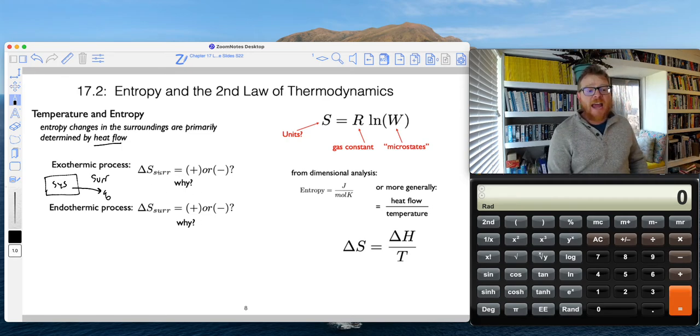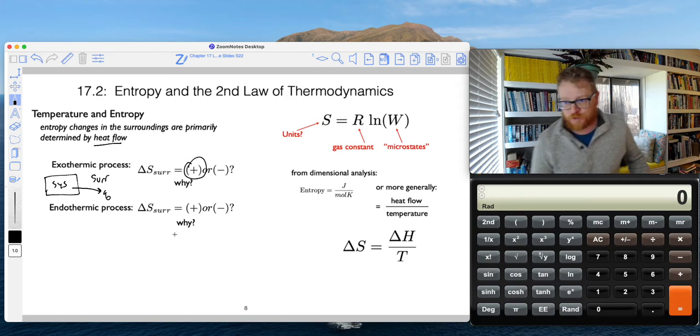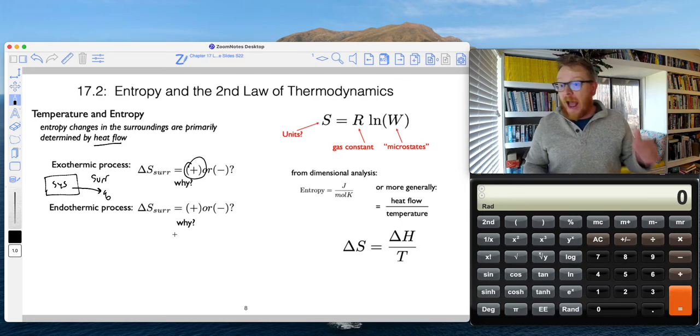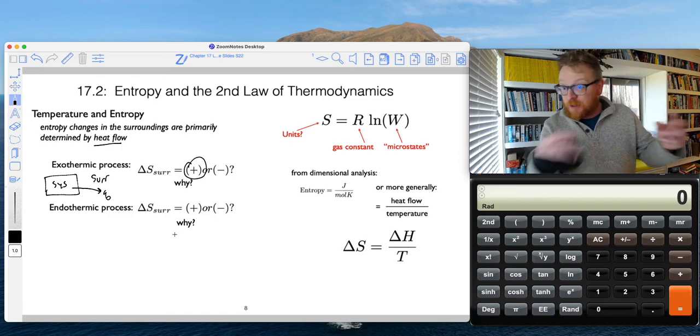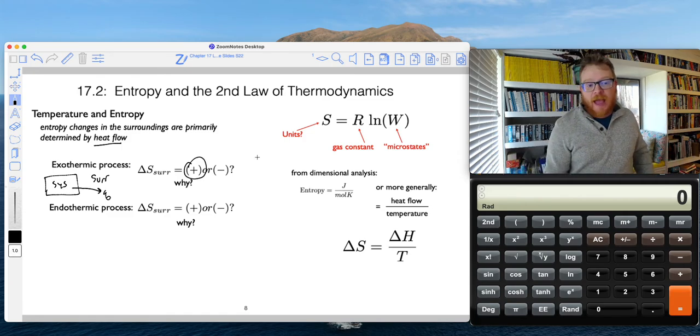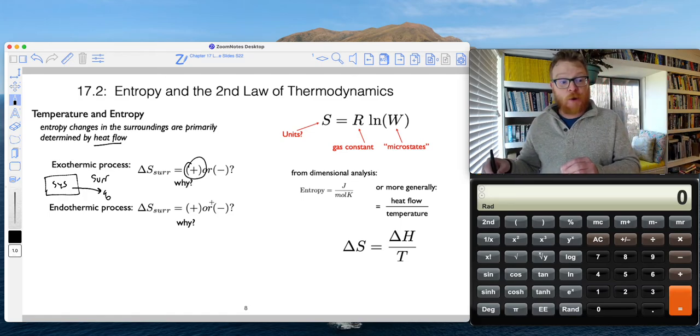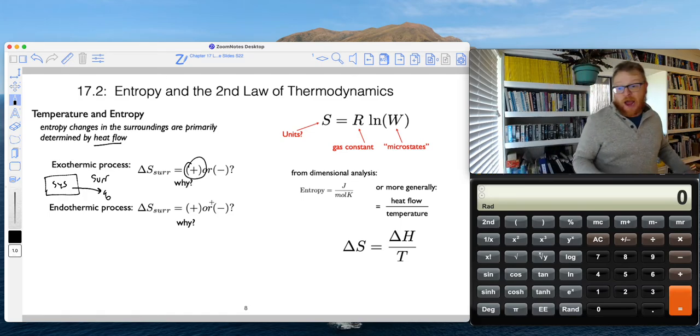That's going to leave the surroundings more disorderly. When we pump heat out into the surroundings, perhaps the gas molecules in the surroundings will start moving a little bit faster, more chaotically, as we increase their temperature, right? So if we have an exothermic process occurring in the system, that leads to more entropy in the surroundings.